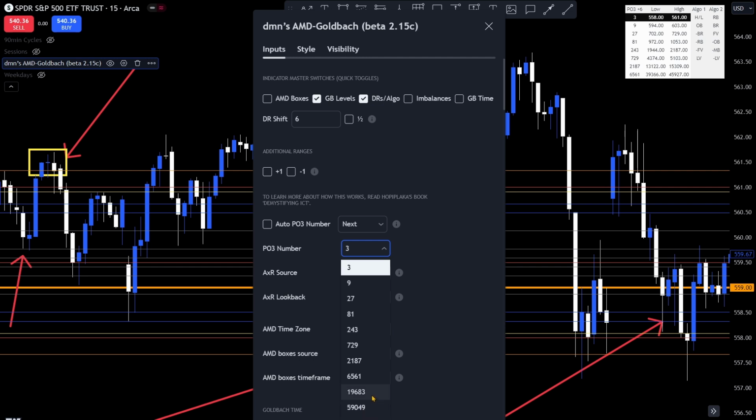These really big ones are great for Bitcoin. So like 19683, 59049, these are great for Bitcoin. And we're going to do a video on that later today as well. So again, this whole series here is about different assets and how different dealing ranges based on size are helpful for your style of trading.